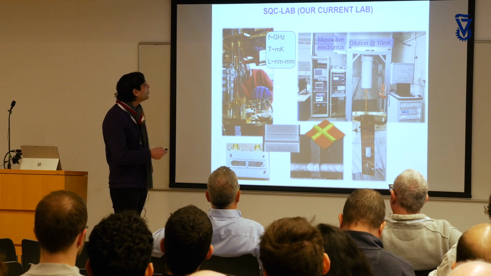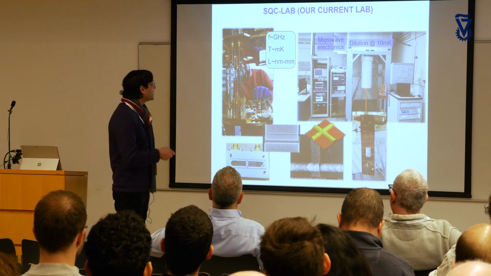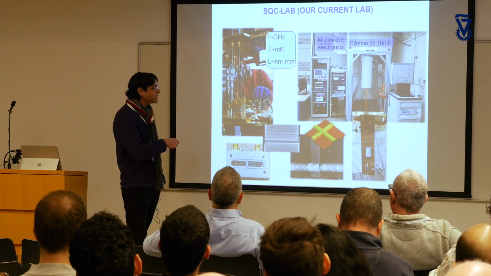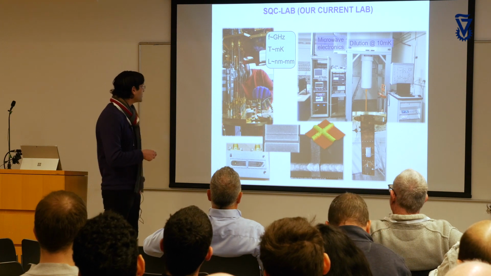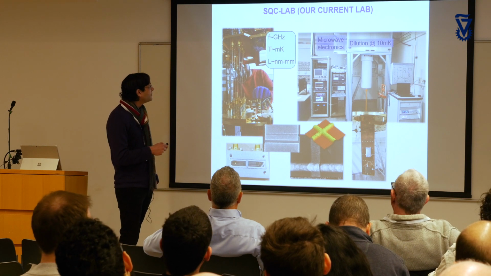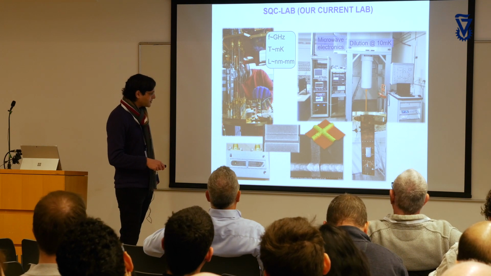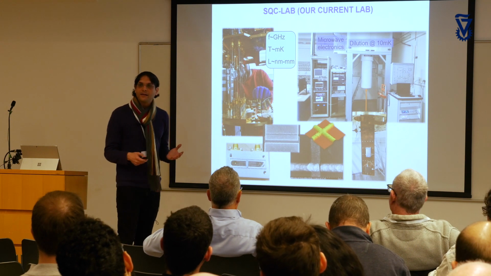These circuits are cooled down to millikelvin temperatures, far below the gigahertz range. And this is where the nice pictures of the dilution refrigerators come in. They're just used to cool down these circuits. And the sizes of these circuits range from tens of nanometers, so like 100 nanometers, all the way up to a millimeter in size.